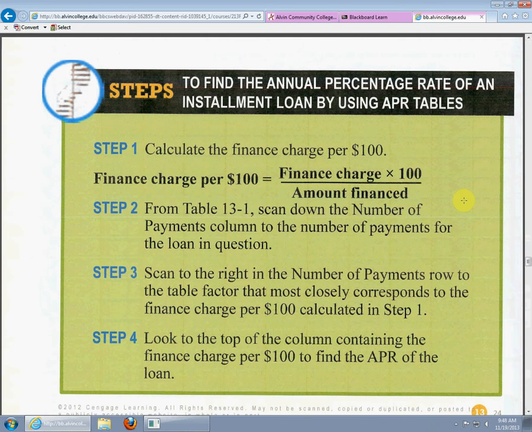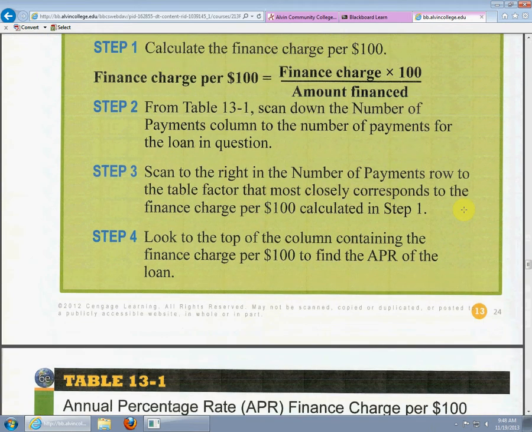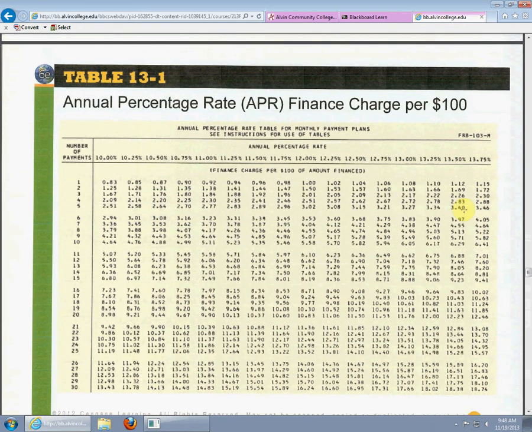So that's what you figured out in step 1. Okay, you're looking for the amount that is the closest to that amount in step 1. Then you look to the top of the column containing the finance charge per 100 to find the APR of the loan. So if we look at the table, you can see that it has the number of payments, and then you have this amount here.